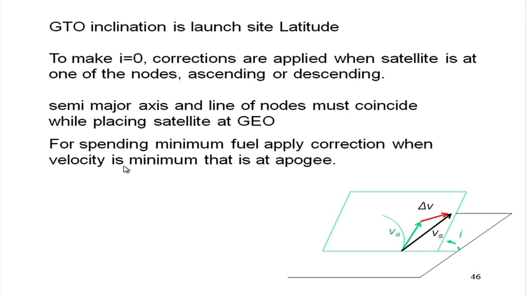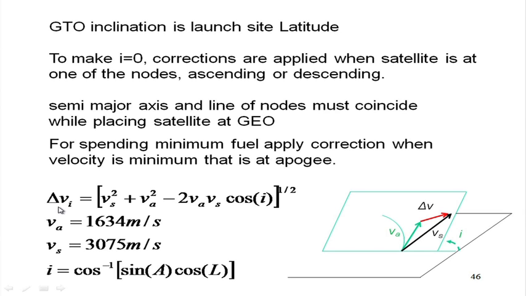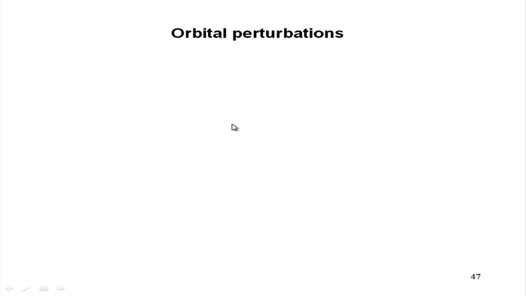So, for spending minimum fuel, the velocity has to be minimum at apogee. So, at apogee this thing is fired. So, delta V I is equal to this expression as I just now told, and we have calculated Va and Vs for that particular problem, and the I can be found out from the azimuth and the L, and you can calculate with some numbers.